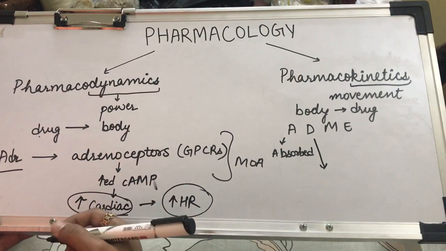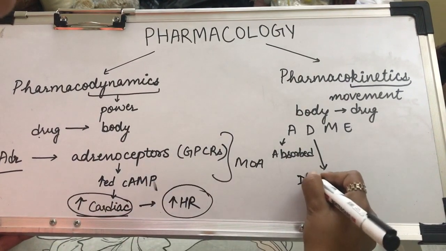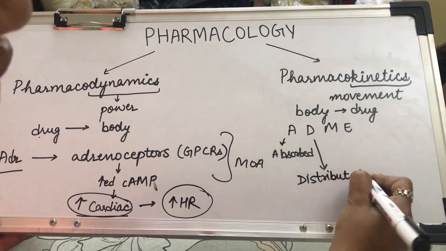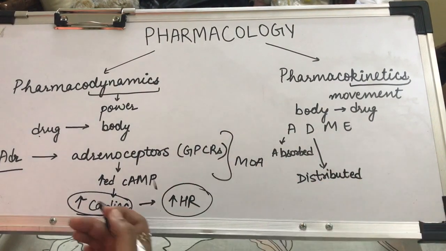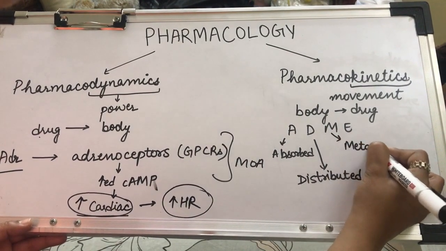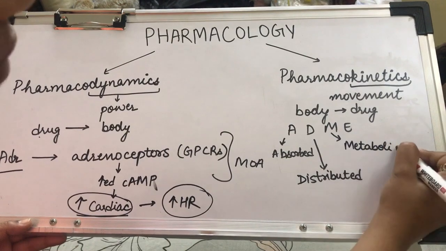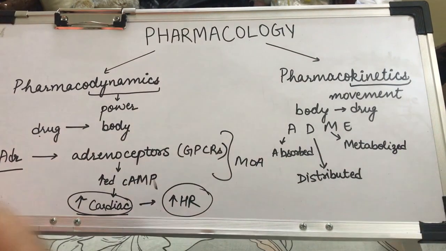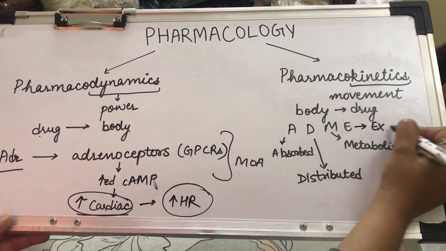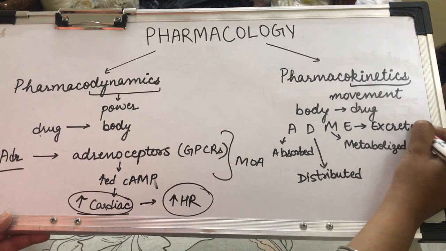After absorption, it will be distributed to different compartments of the body and basically your bloodstream. Then it will be metabolized in the body, mainly by your liver, and then it will be excreted or eliminated out of the body.